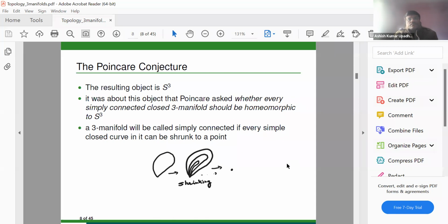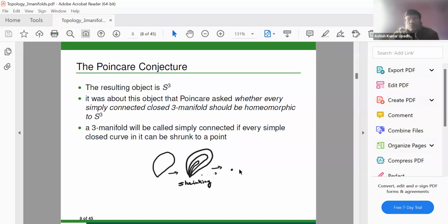Look at a three manifold. When is it called simply connected? It will be called simply connected if every simple closed curve, like the curve shown in this figure on the left hand side, you can make smaller and smaller. This process of making it smaller is called shrinking, and you can eventually shrink it to one point, which is shown in the extreme right.